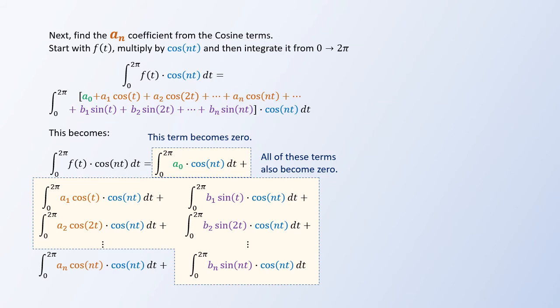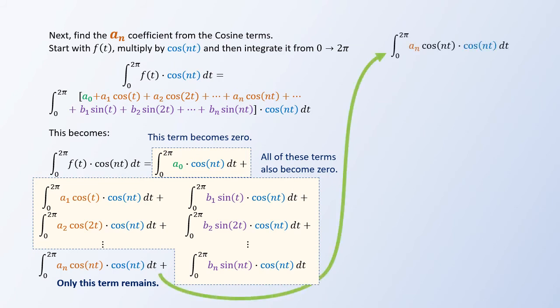So like for the first one, it's a1 cosine t times cosine nt. So we're going to say that if those are not the same, then all of those will become 0. So this term, which if you look carefully is going to be cosine squared of nt, is the only one that remains. So let's pull that up over here and look at that.